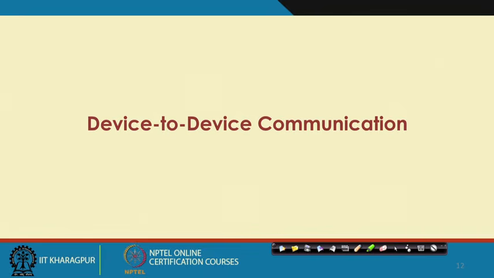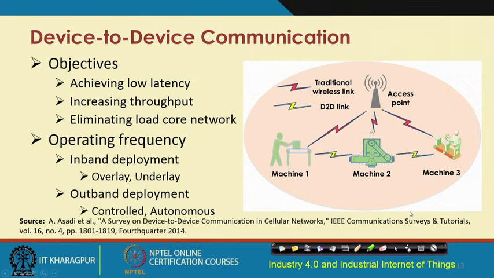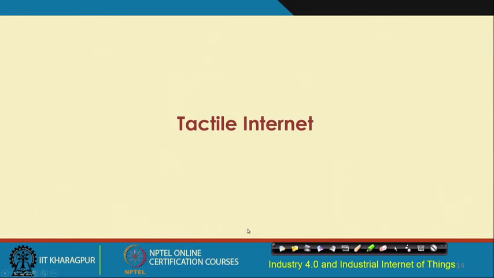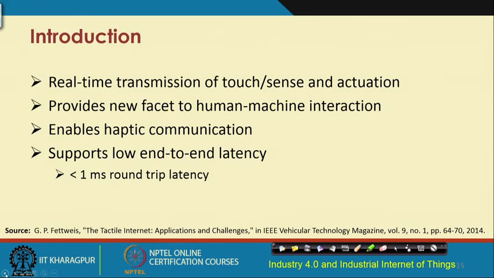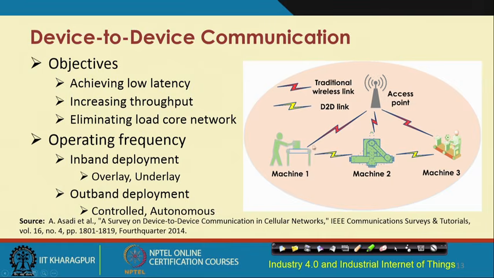And device to device communication, here we are talking about this kind of thing. Machine 1 and machine 2 can talk to each other through a D2D link. Again machine 2 to machine 3, another D2D link. Device to device communication basically cuts down on the latency of communication. We are talking about this in contrast to the traditional links.